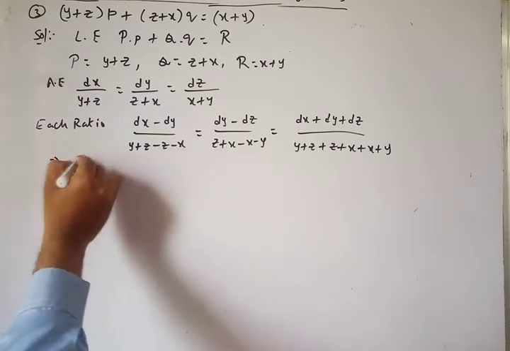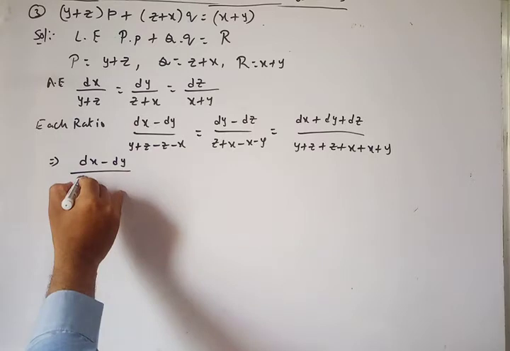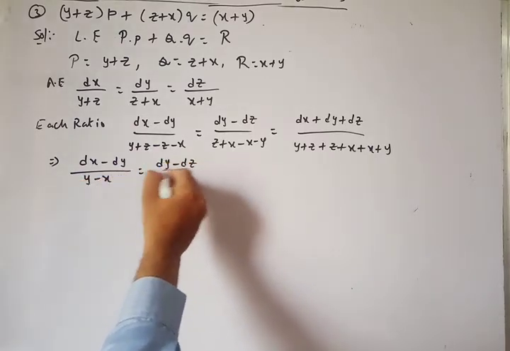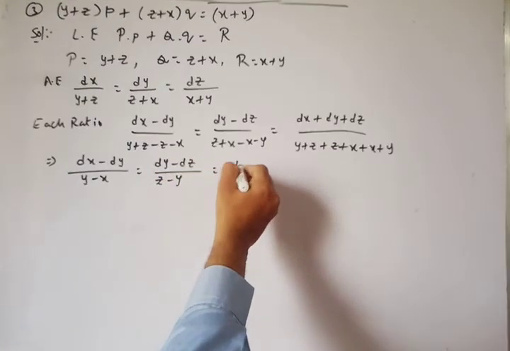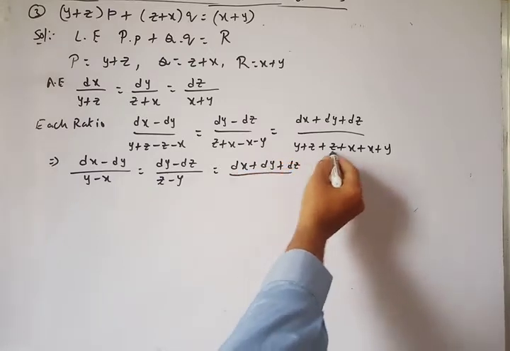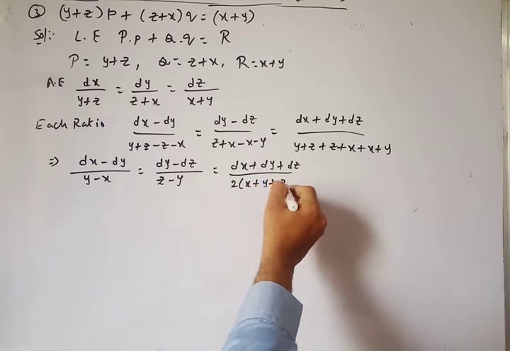So this implies dx minus dy by, z and z got cancelled, I got y minus x, is equal to dy minus dz by, x and x got cancelled, I got z minus y. Here dx plus dy plus dz by 2x, 2y, 2z, take out 2 common, x plus y plus z.